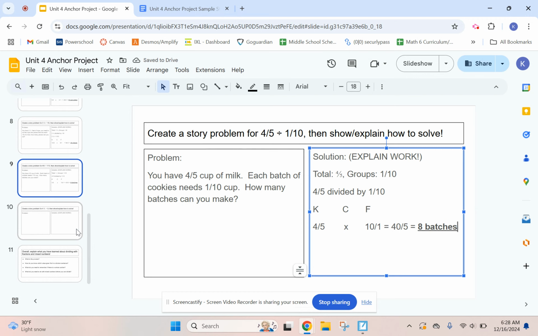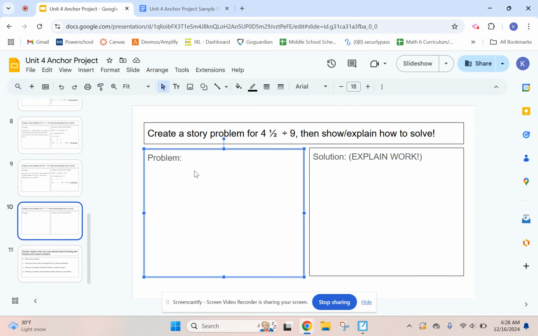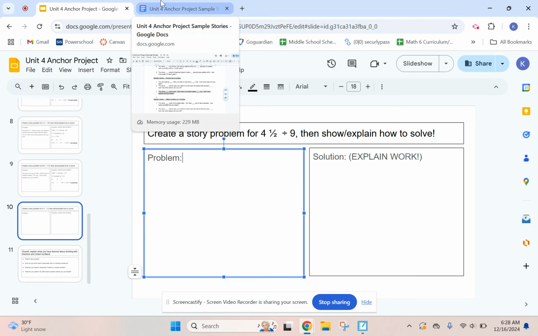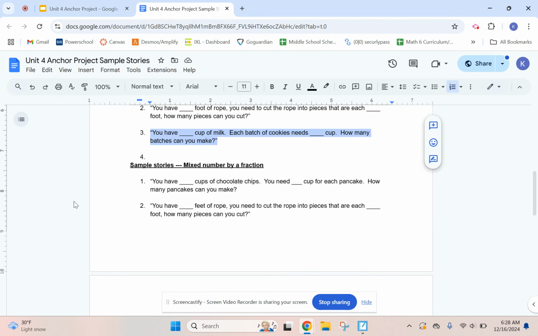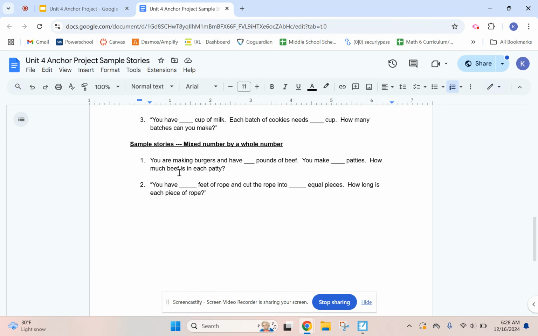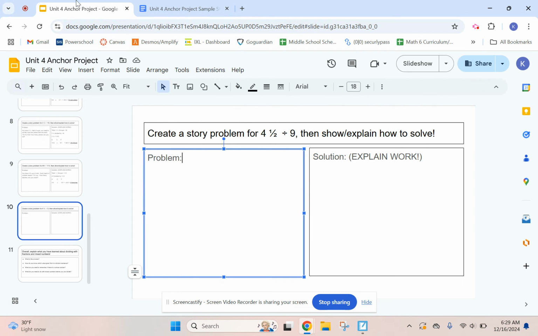All right, let's keep going. Create a story for 4.5 divided by 9. So we have here a mixed number divided by a whole number. So let's go down to there. Mixed number by a whole number. All right, let's do splitting up burger.